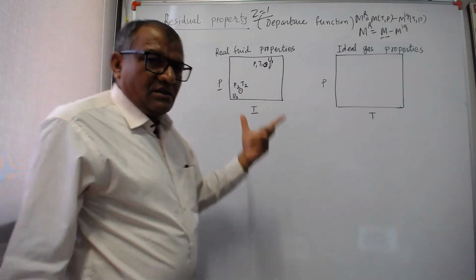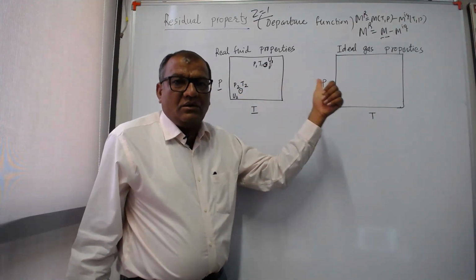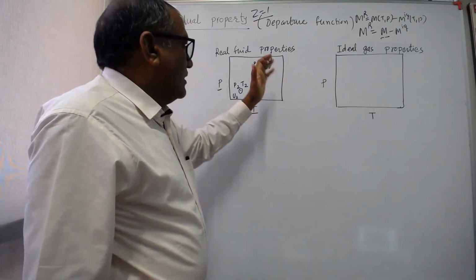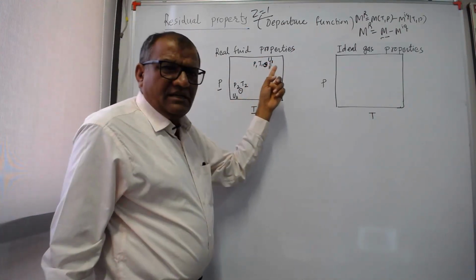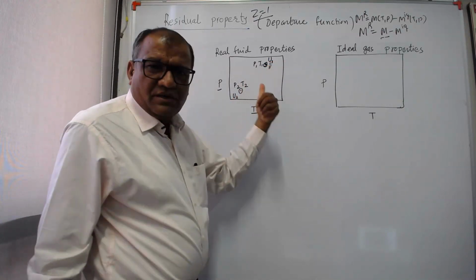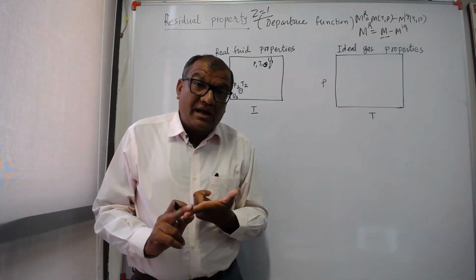So what is the solution strategy, how can we solve this problem? We don't have any equation that can directly give the difference between U1 and U2 for a real gas, but we know the equations for an ideal gas.